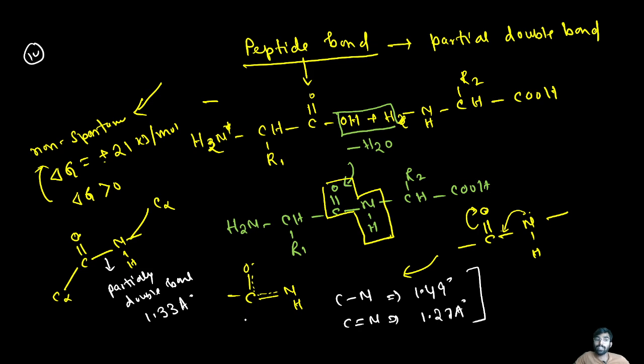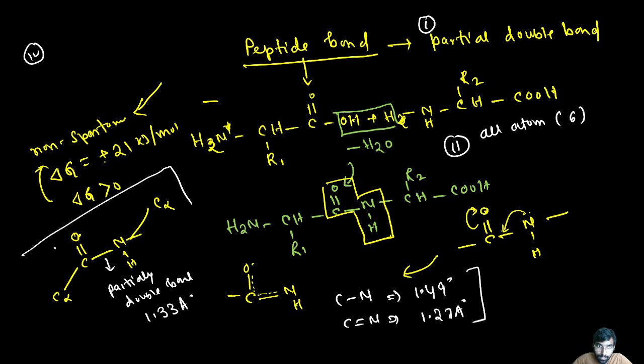We know that for a single bond, the bond length is maximum, and for double bond and triple bond the bond length decreases. So here, as it's partially double bond, it's intermediate between single bond and double bond. This is one thing to remember. The second thing is that all these atoms are in a single plane.